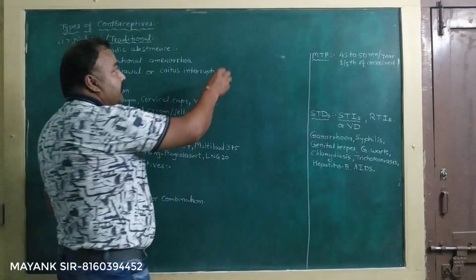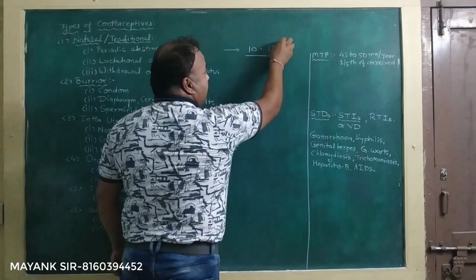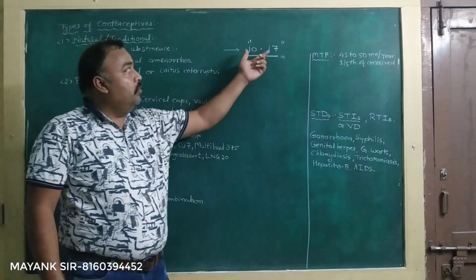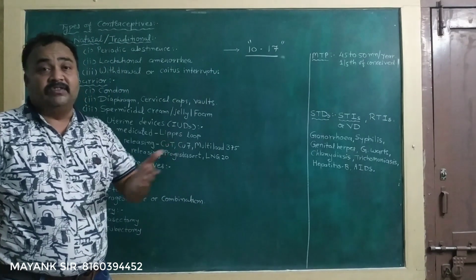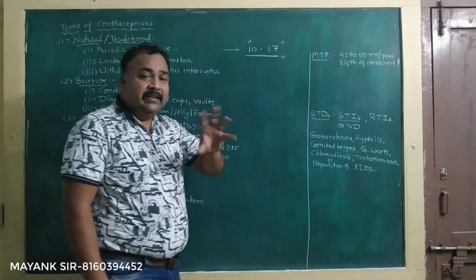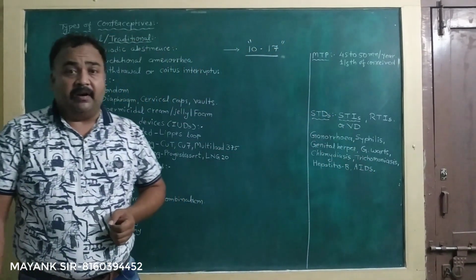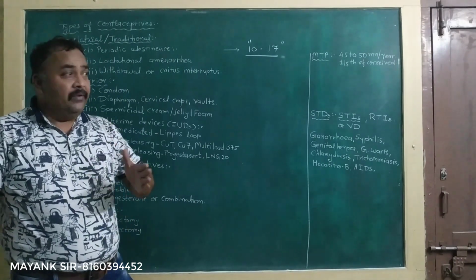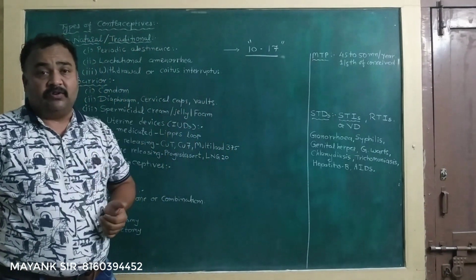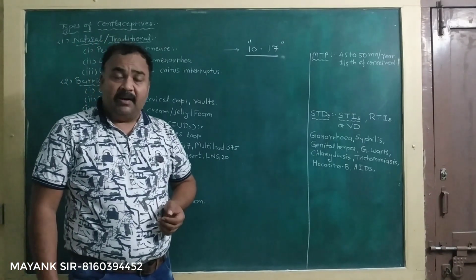We know that during the 10th to 17th day of the menstrual cycle of a female, the ovulation, that is release of ova, is highly expected, and so this is known as the reproductive period or the fertilization period of the female. If during these days we can prevent coitus or intercourse, then there will be no possibility of fertilization.